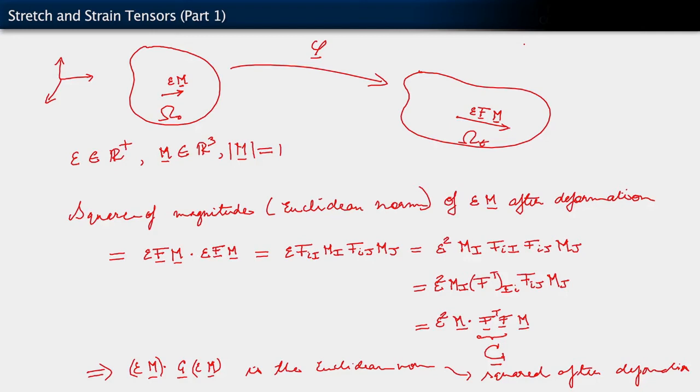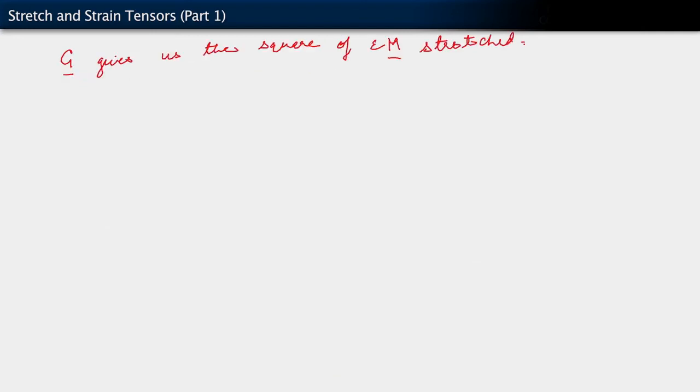For this reason, C comes with a rather grand name. C is called the right Cauchy-Green tensor, sometimes called the right Cauchy-Green stretch tensor.